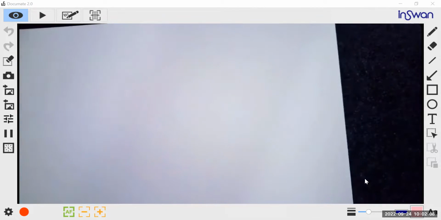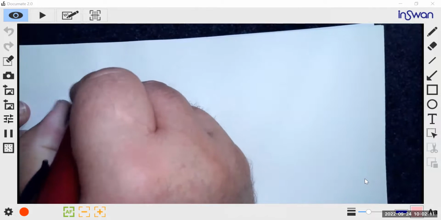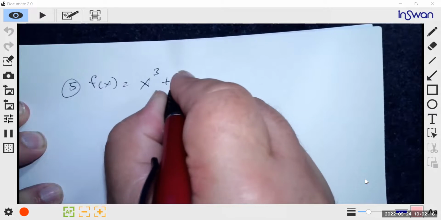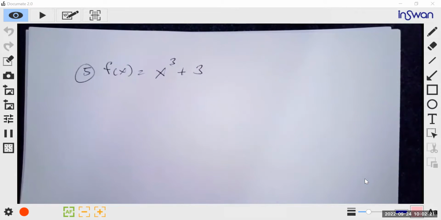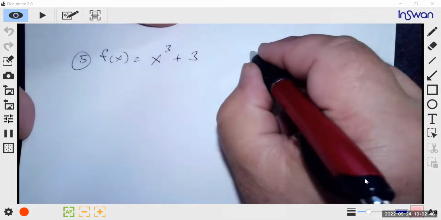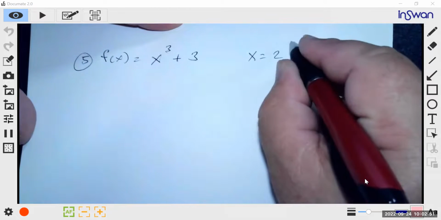All right, look at the next one. This is number 5. f of x equals x cubed plus 3. Yeah, you can pick whatever number you want.